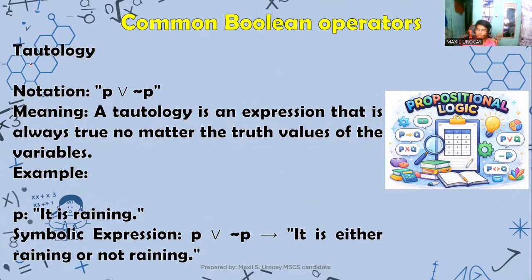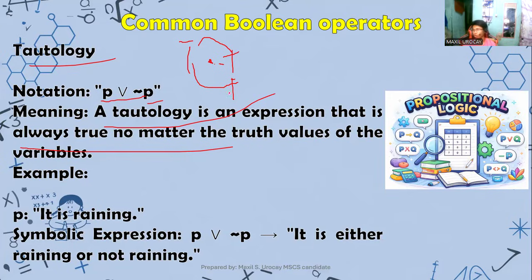Now for the tautology, we have here P or not P. A tautology is an expression that is always true no matter the truth values of the variables. No matter what happens, class, if true or not true, true plus false, it will become true.